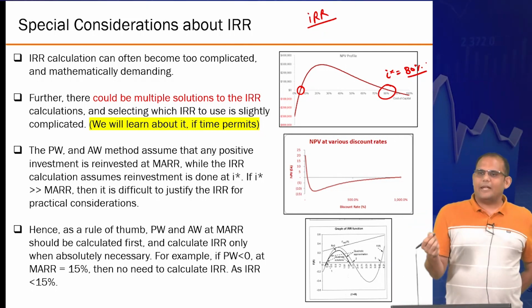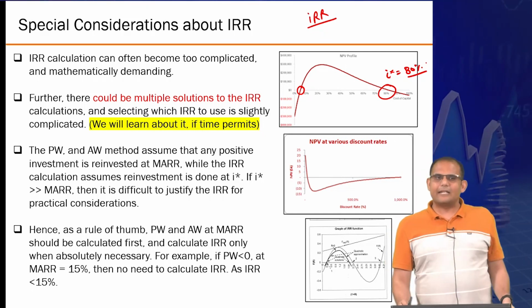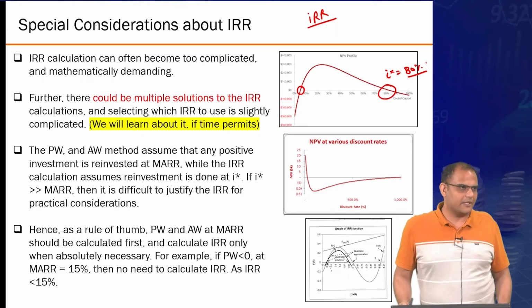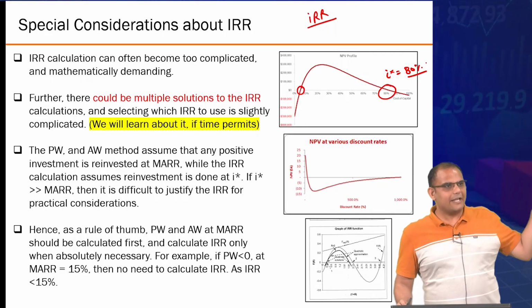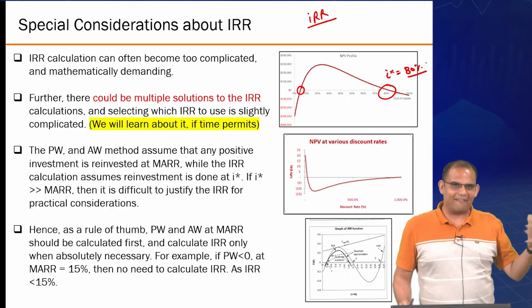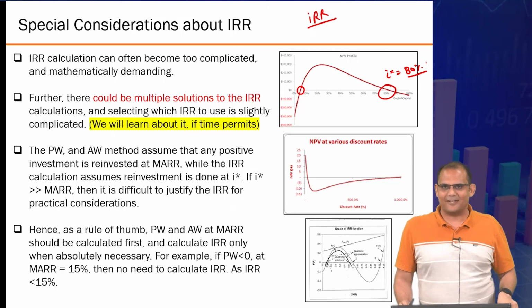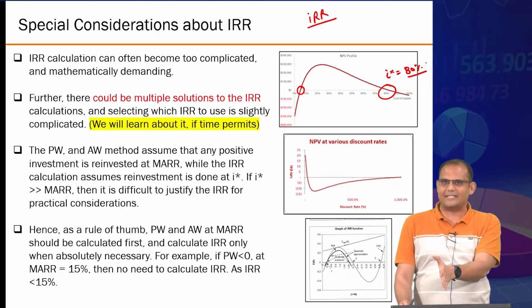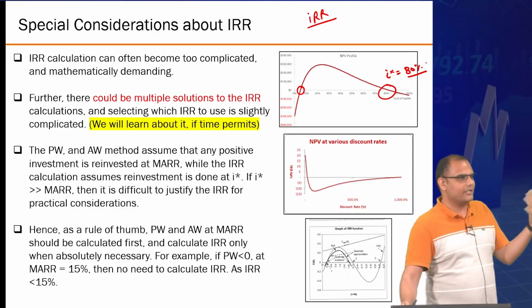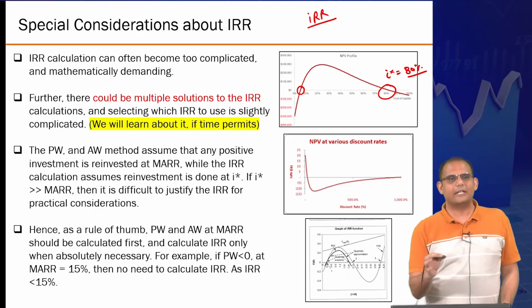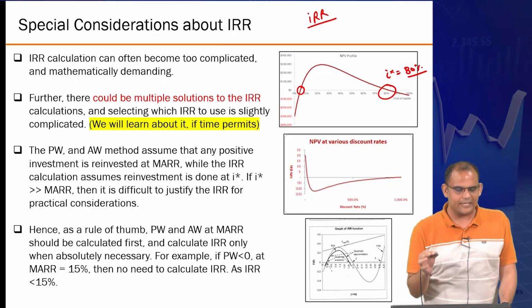Then you have to make a judgment whether it is realistic to expect an 80% return from a project. If such a project exists in the world, will you have the opportunity to invest in it? It's a very unrealistic number, although it satisfies the equation. It's not what you are expecting or what is a realistic expectation. Therefore, you can ignore certain solutions of this kind of space. So that's the idea.